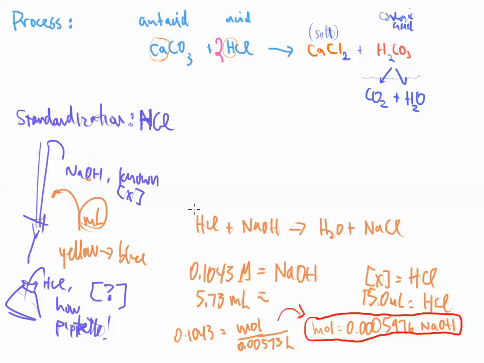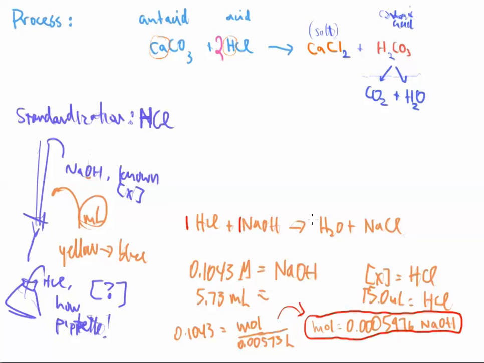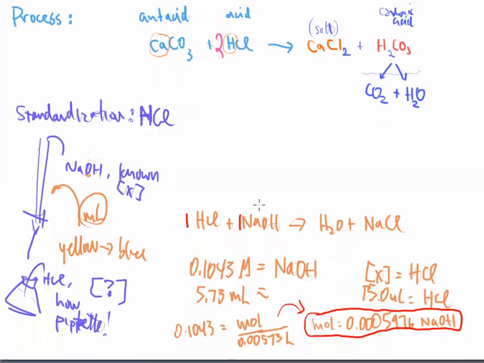Well, this is a 1 to 1 to 1 to 1. So that means if it took this many moles of sodium hydroxide, it's also going to take that many moles of hydrochloric acid, because it's the same ratio, 1 to 1 to 1 to 1.